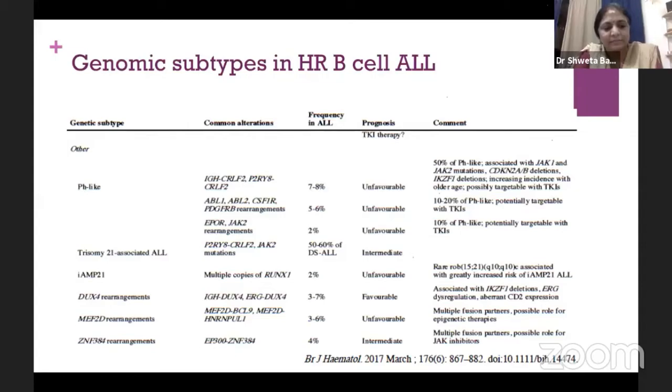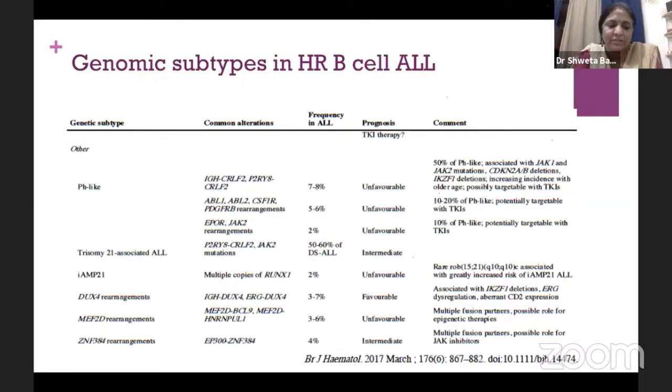Similarly, other rearrangements can also be looked at carefully, because many of these are highly chemo resistant and they can be candidates for transplant upfront. Other rearrangements can be targeted, like the MEF2D rearrangements. These can be treated with epigenetic therapies, like histone deacetylase inhibitors.